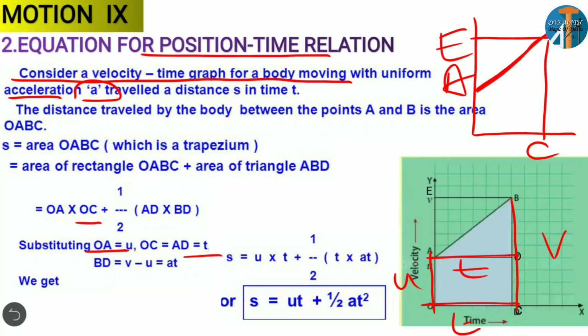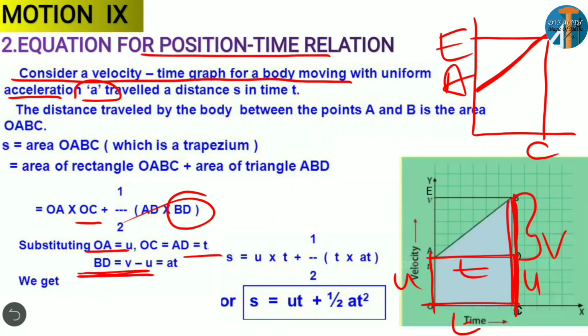These both are time. This is U, and DC is also U. But you want the whole thing as BD, right? So BD means the whole V minus U. So BD means V minus U.